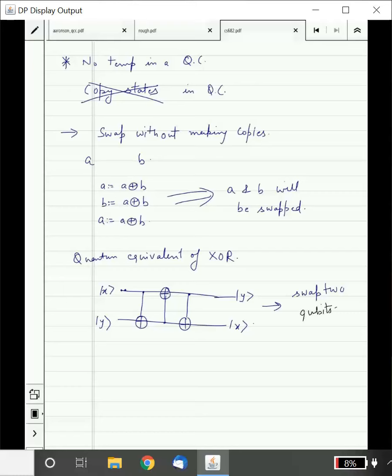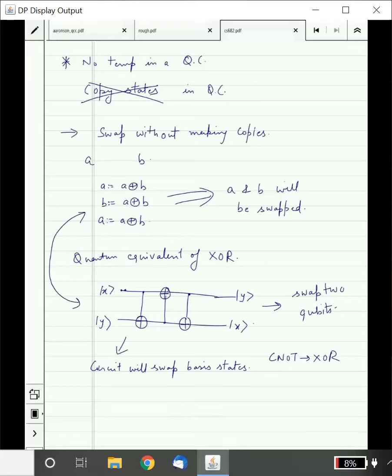From the classical case, it is clear that this circuit will swap the basis states, because on basis states C0 is the same as XOR. So on basis states, these two are saying the exact same thing.